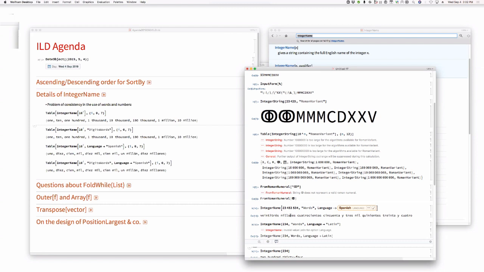So the idea of integer name is that it's a full name in some language with different variants, of course, for example ordinal, cardinal. Fine. It could be the case, I don't really know, that in Akkadian the name of the number was the same as the writing of the number itself. I have no idea. That's indeed a case we already have for some Oriental languages. In Chinese, the word and the actual number are the same. Okay, fine.